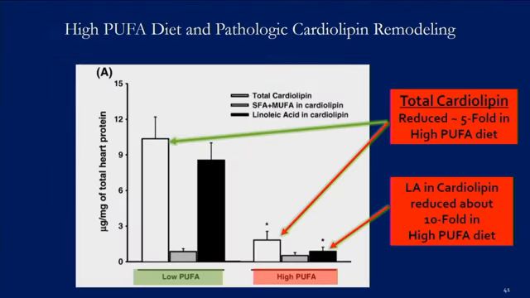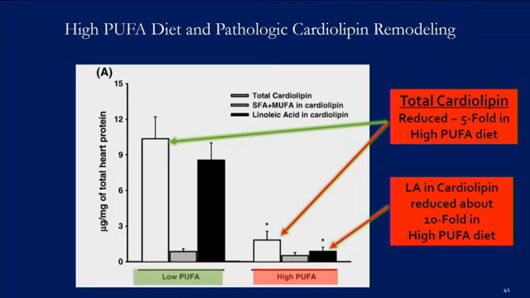Here's what happened. We've got the low PUFA group on the left, the high PUFA group on the right. Look at the cardiolipin in the white histograms. In the high PUFA group, the cardiolipin is reduced about 5-fold. It's destroyed. So the high omega-6 destroys the cardiolipin.